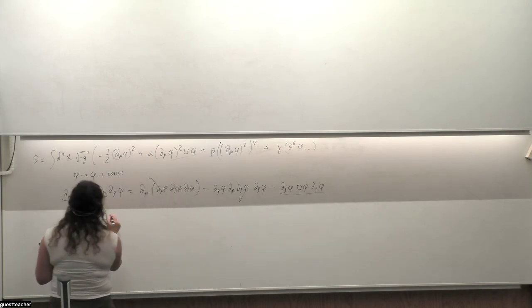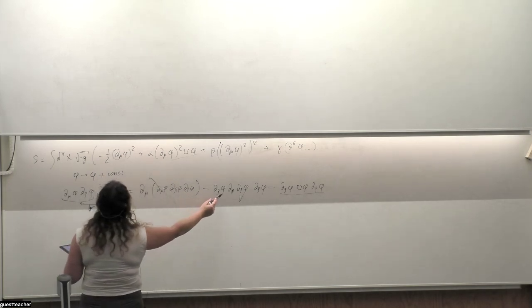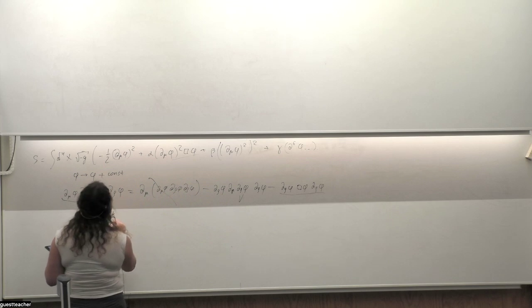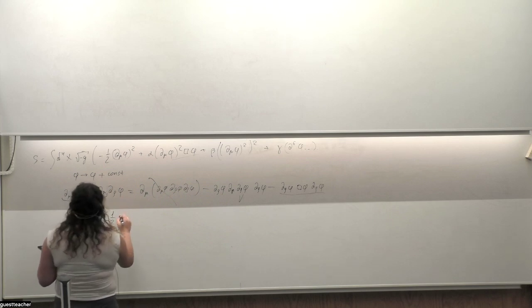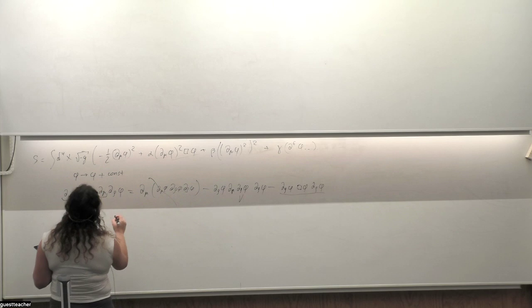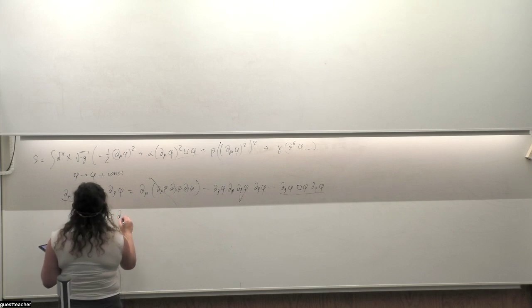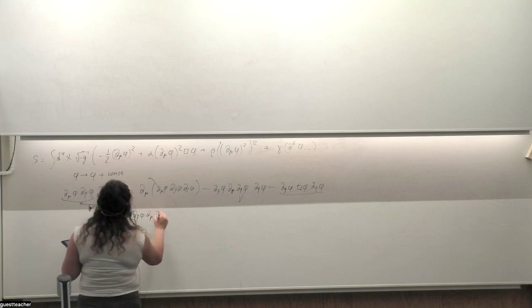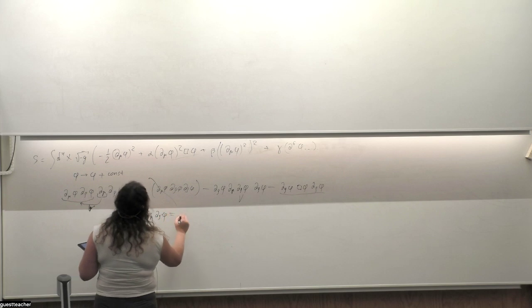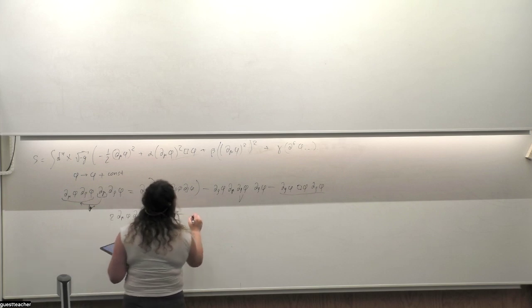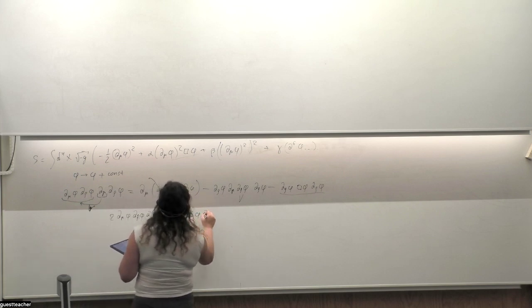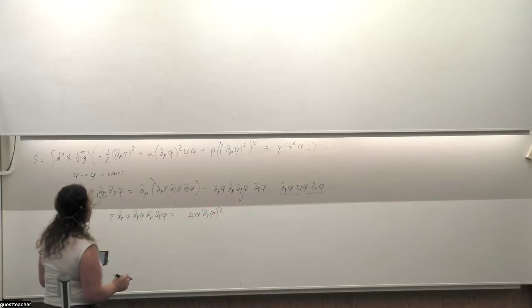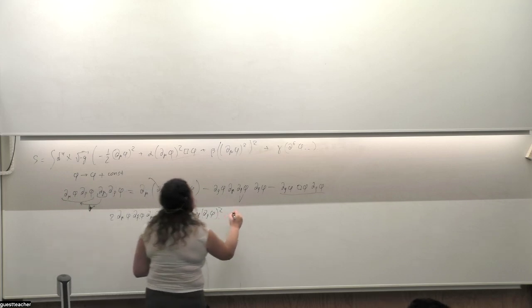Which means that since they're the same, then one half of d mu phi d mu d rho phi d rho phi is equal to minus box phi (d phi) squared, of course up to a total derivative.